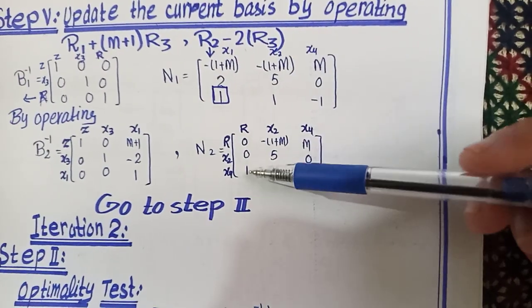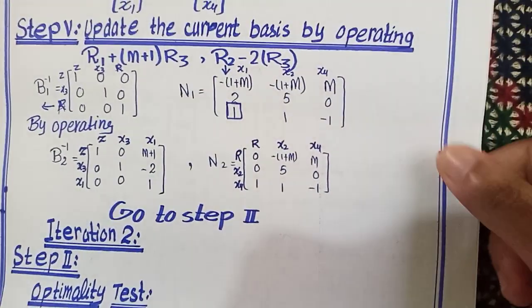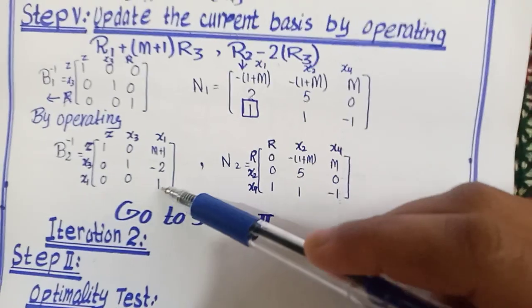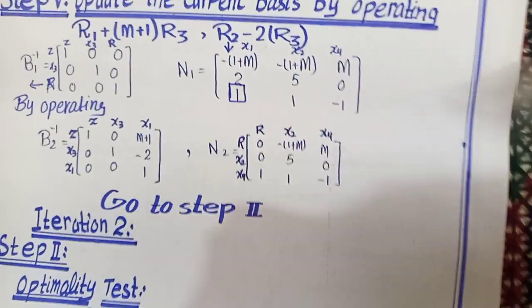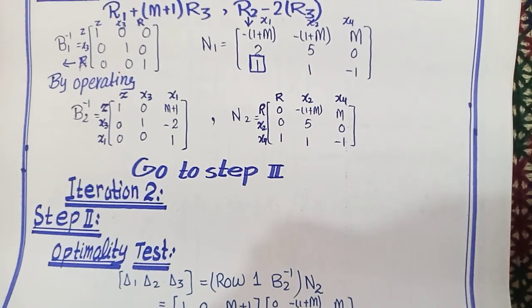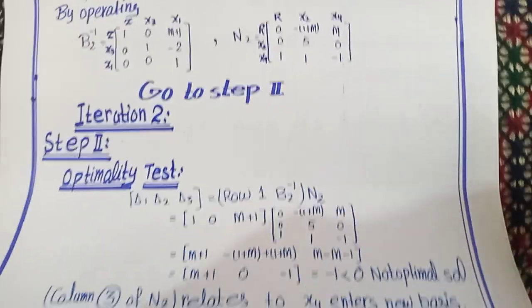Then row operations are applied for this column and the operations are applied for the whole of B2 inverse. Then solve this. Next, iteration number 2, similarly steps are repeated.